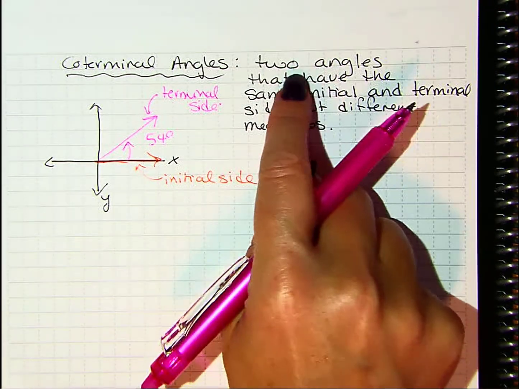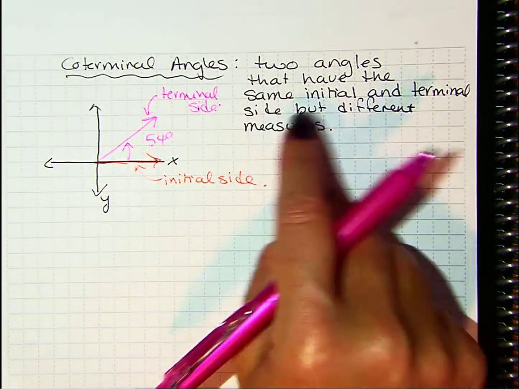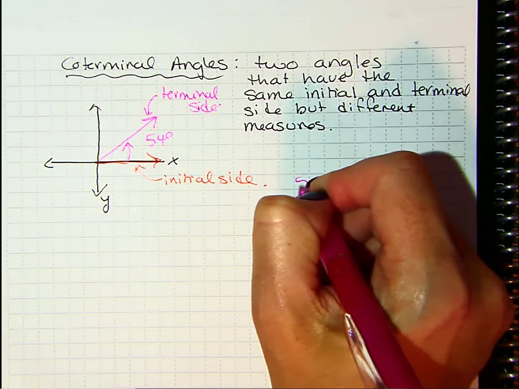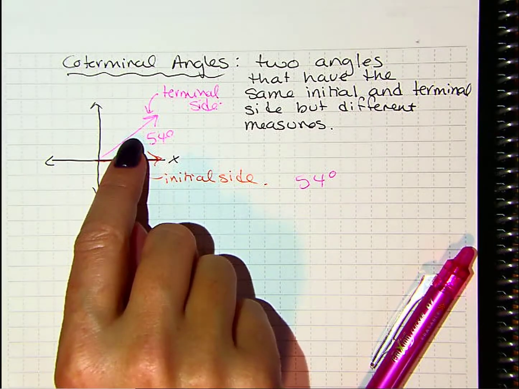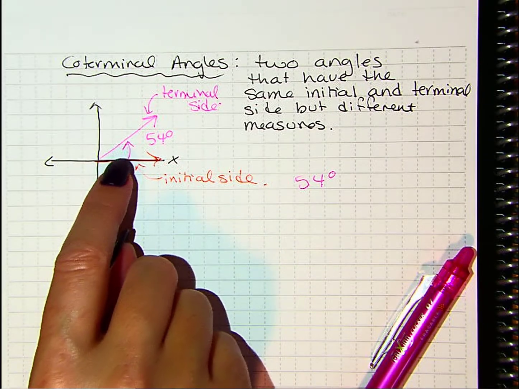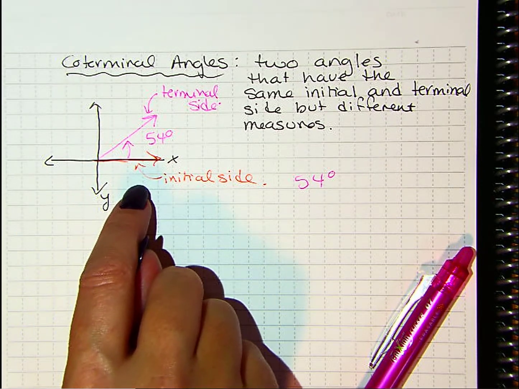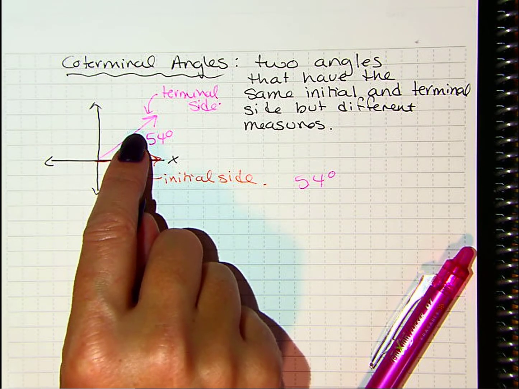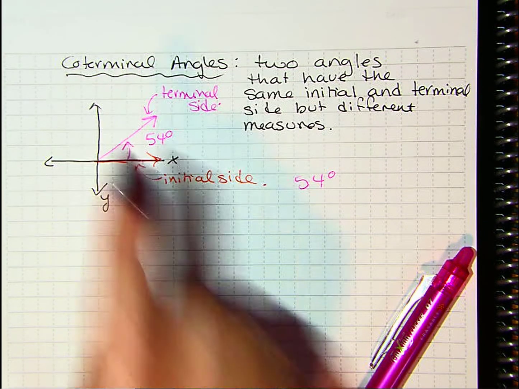Now, if we want to have two angles that have the same initial and terminal side but different measurements, my first angle would be 54 degrees. Now, if this terminal side actually rotated a full 360 degrees, it would appear as though the terminal side was in the exact same spot, but yet the measurement would be different.